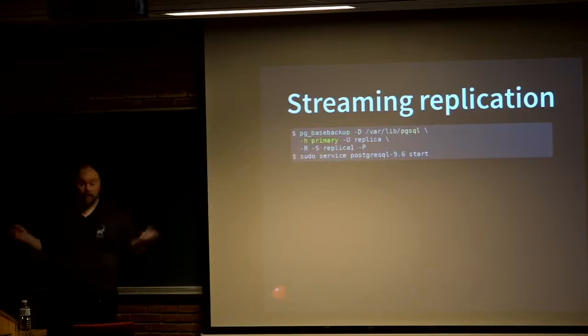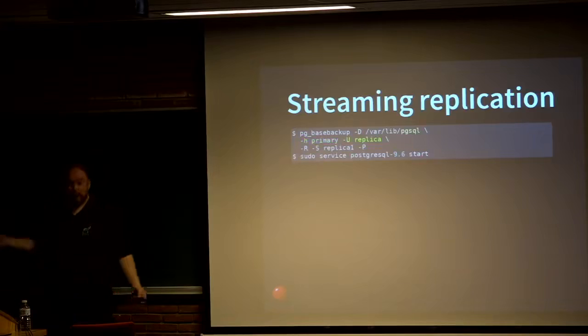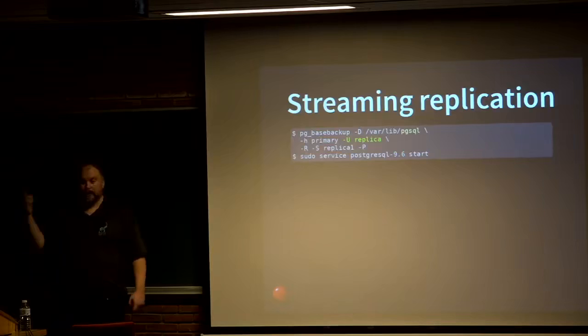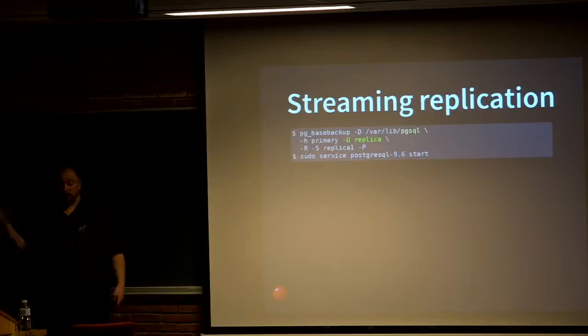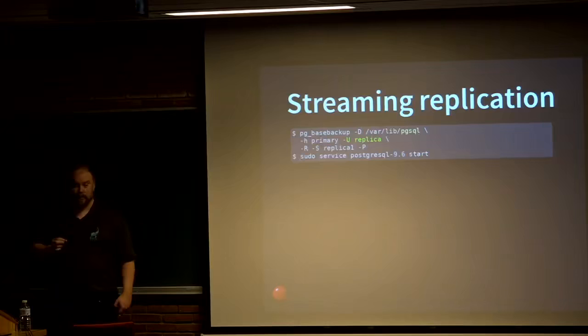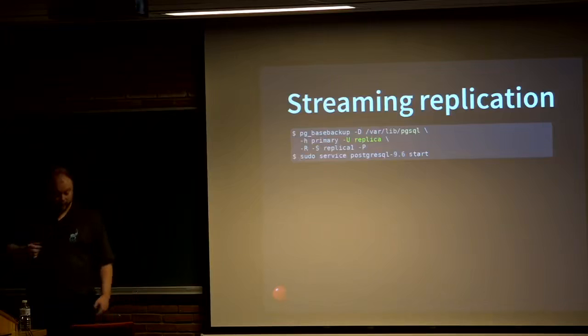We give it a host name pointed to the primary. It could be an IP address or a host name. We give it a user. It has to log in. For streaming replication, it needs to either be a superuser or it needs to be any user that has the special replication privilege, which is normally the recommended one. So use a separate user that has the privilege to do replication.